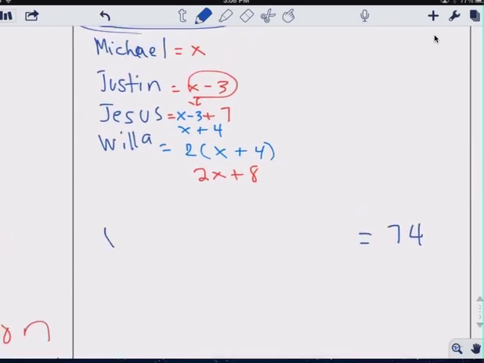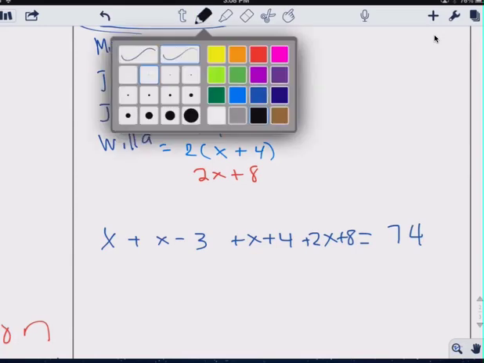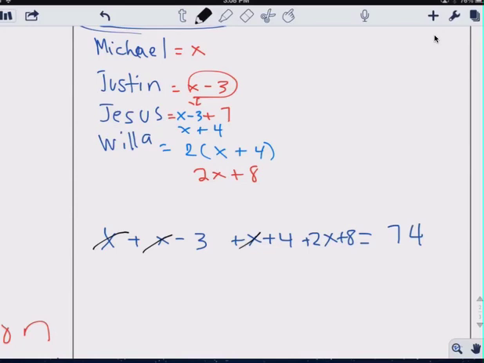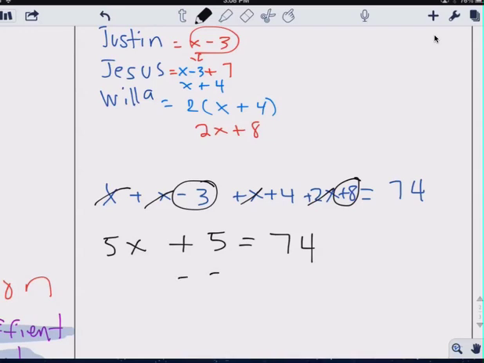So we have Michael plus Justin plus Jesus plus Willa. Combine like terms. The X are the same, that's 3X, 5X. And the negative 3 and 8, that's a positive 5. Equals 74. Minus 5, minus 5.